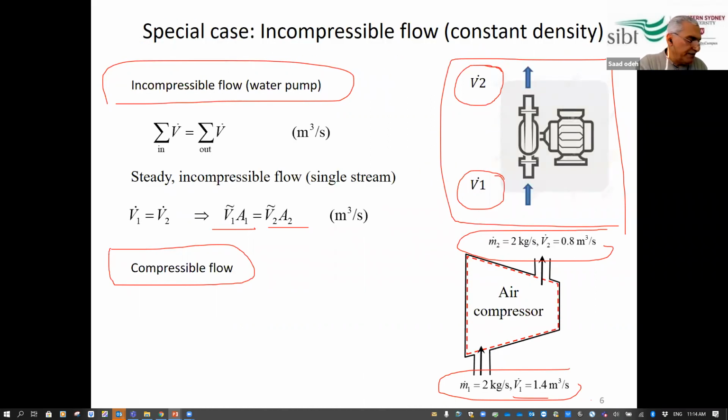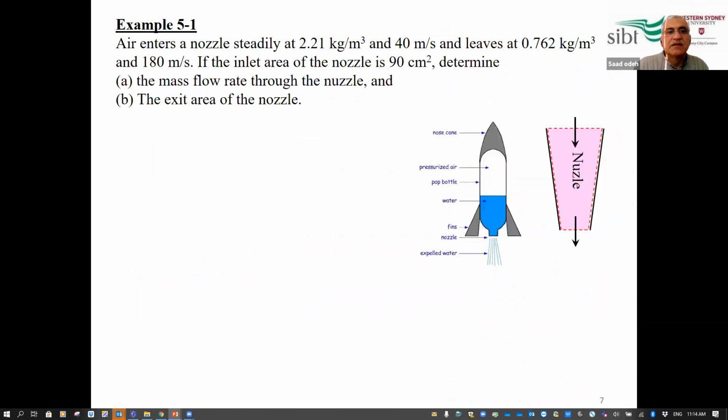Okay, let's have a quick example just to nourish your knowledge here. We have, for example, a system where we use a device which we call a nozzle. A nozzle is actually a tube or a pipe with different diameters.